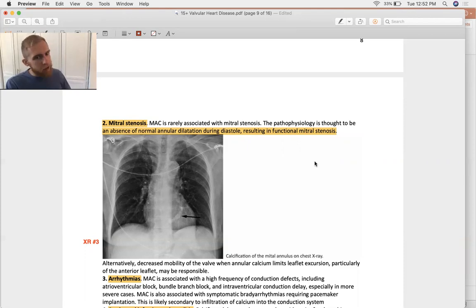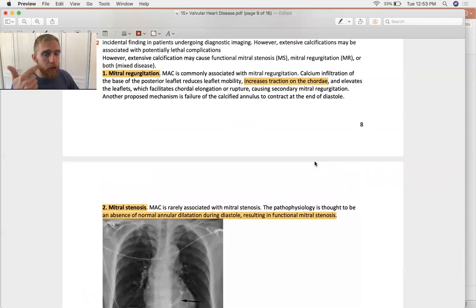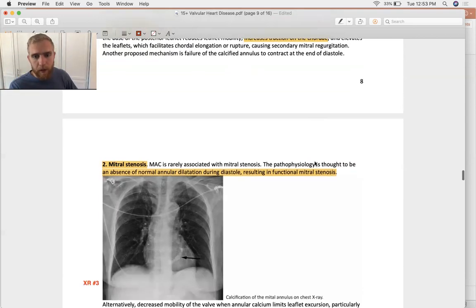And if you've got a diminished forward flow across the mitral valve, because that leaflet is heavier or more difficult to pull down, then that's called a stenosis. So that's why an annular calcification can result in either a regurgitation or a stenosis. It can go either way depending on the consequences involving that papillary muscle that's pulling that thing down.